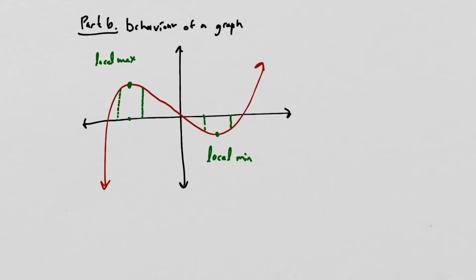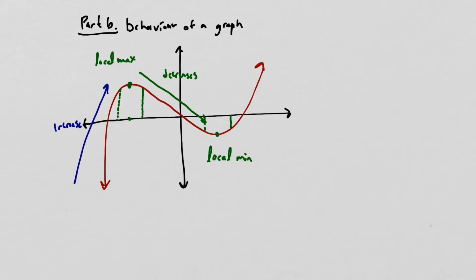As it turns out, the behavior between local maxes and local mins is very well defined. We can see on the left-hand side of our local max, our y values are increasing as we go from left to right. And then, between our local max and our local min, we see that the y values of our function are decreasing.